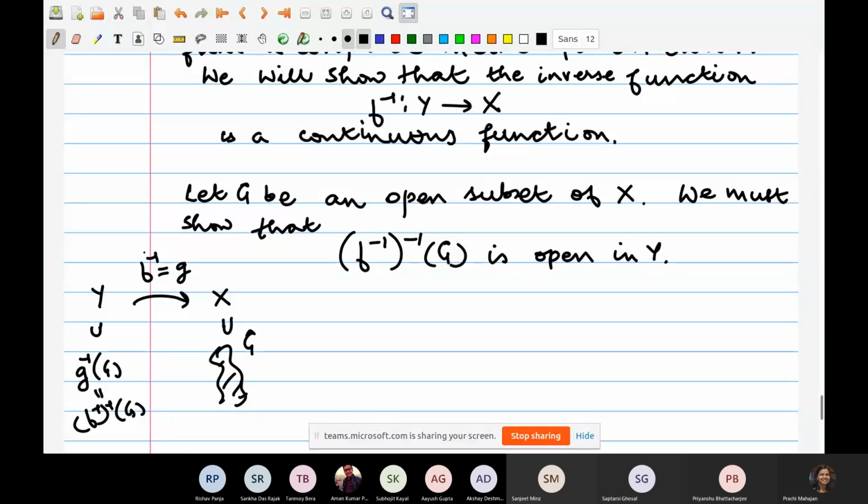I have G, which is a subset of X. Since f is a bijection, what can you say about this set?